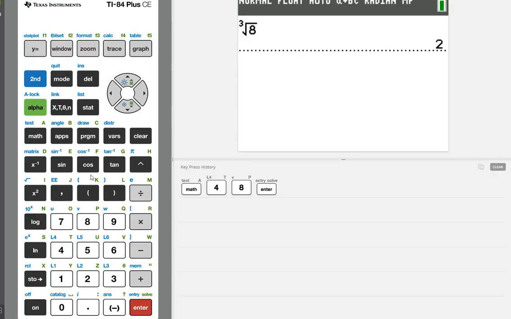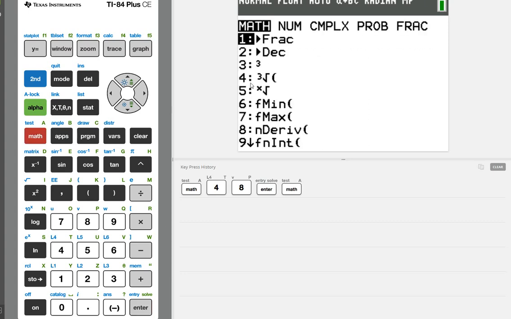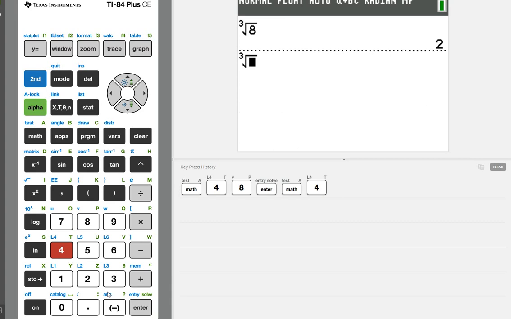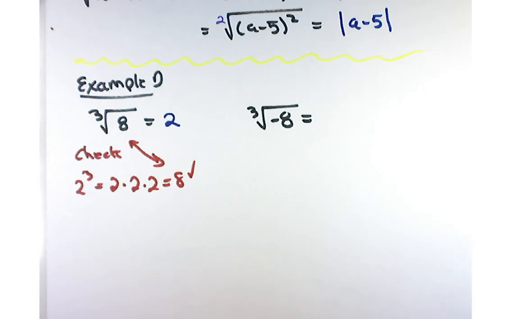Now, just kind of an FYI, when you want to input a negative number, you have to use the minus key, or the opposite key, on the bottom row of your calculator. If you use the subtraction key, it's not going to like you. So, cube root of -8 is -2.